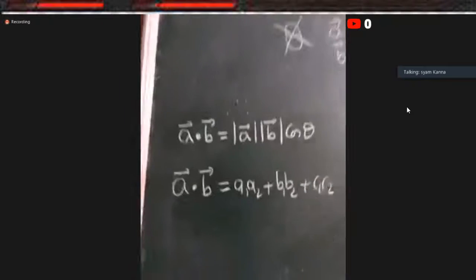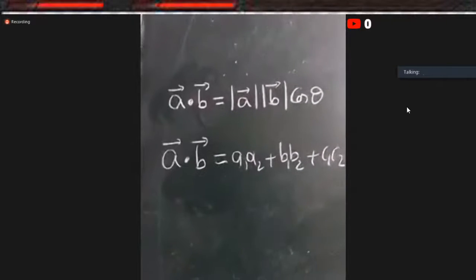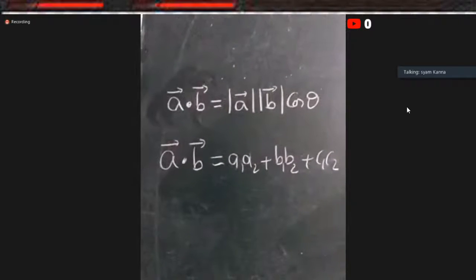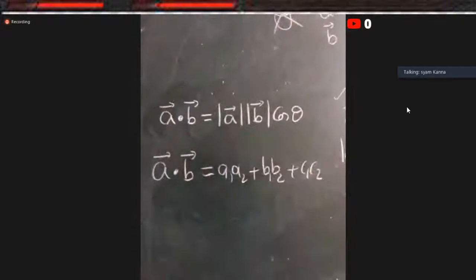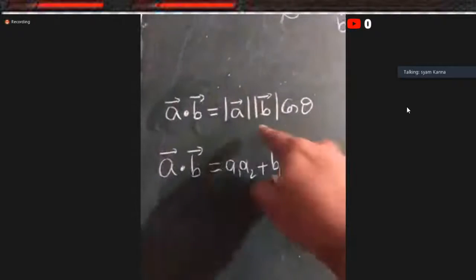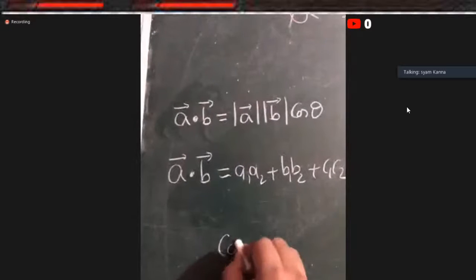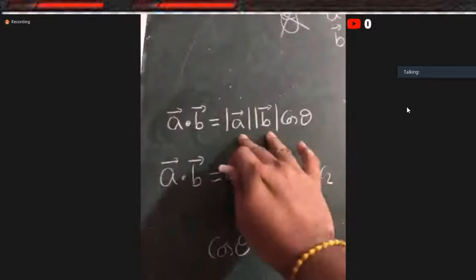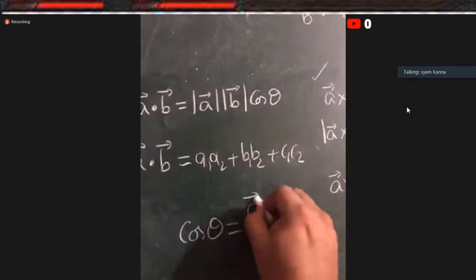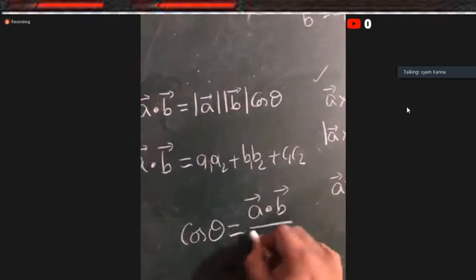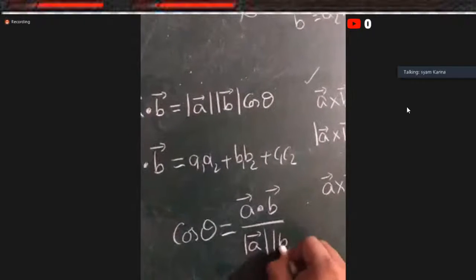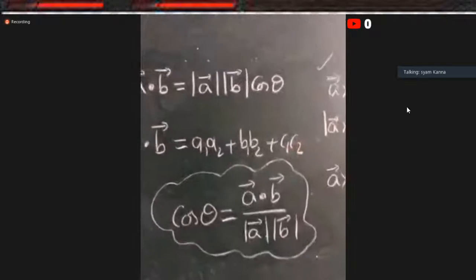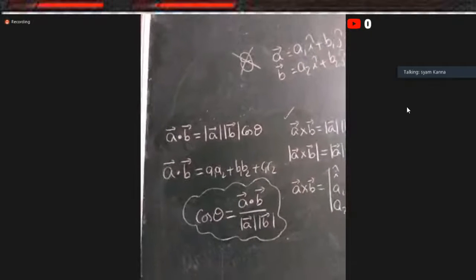Now here, one very important thing is, whenever you want the angle between two vectors, this formula will be comfortable. What is cos theta from this? Cos theta is equal to, if you cross multiply this entire thing, then you will get A bar dot B bar by modulus of A bar into modulus of B bar. This formula is very useful for any type of examination.